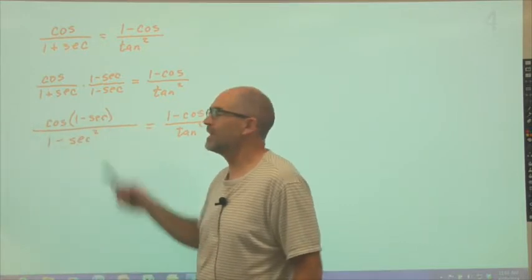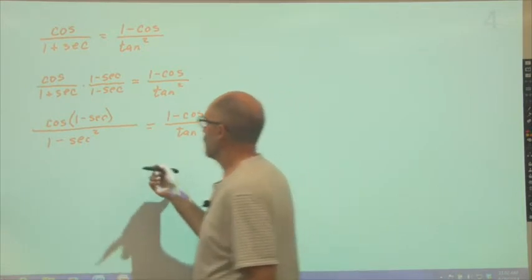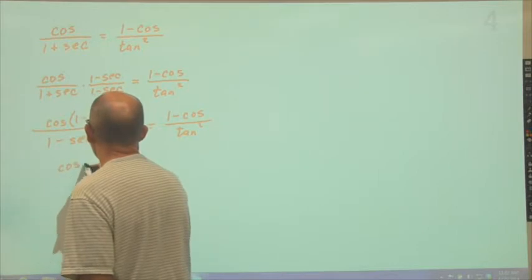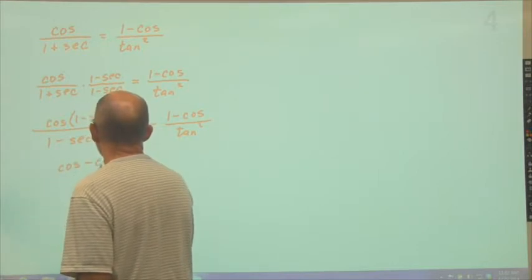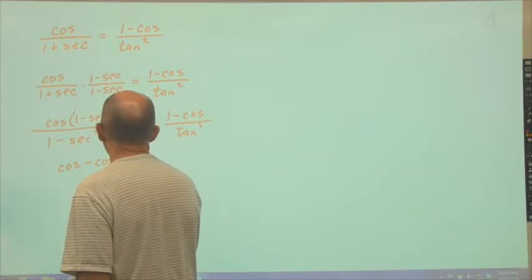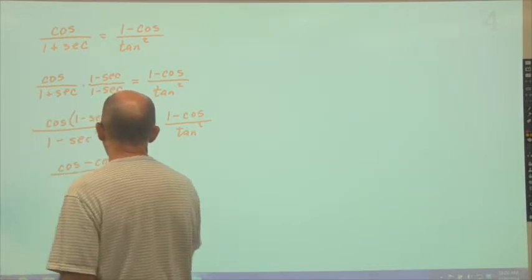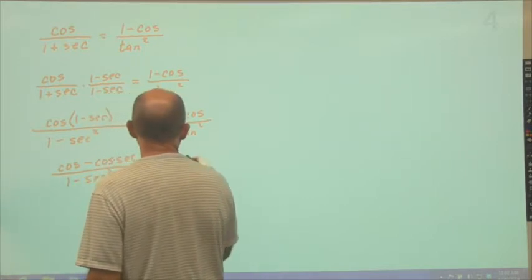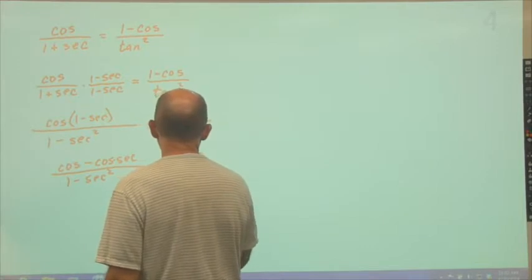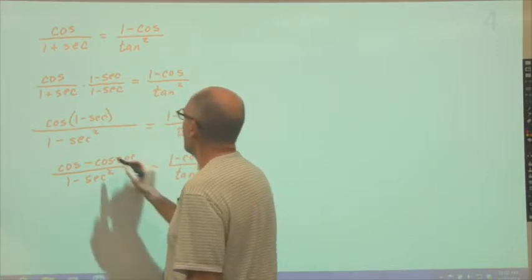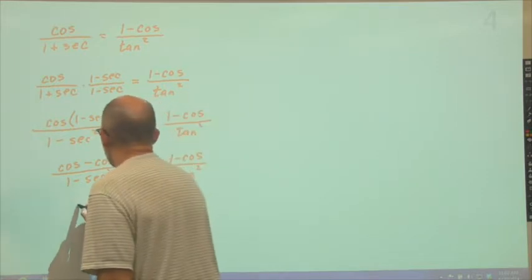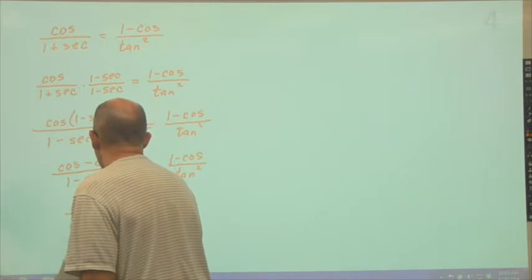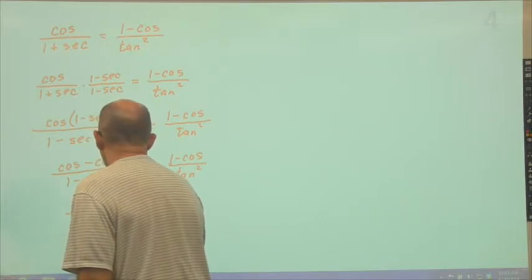Now, cosine times secant is 1. So cosine minus 1 over 1 minus secant squared equals 1 minus cosine over tangent squared.